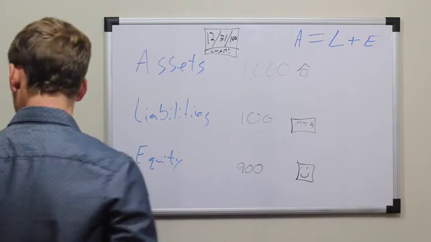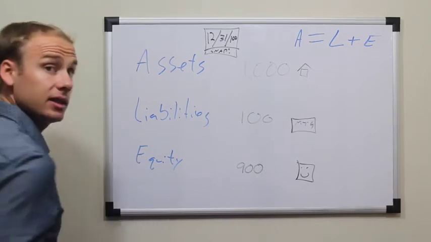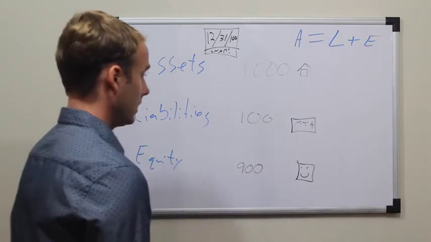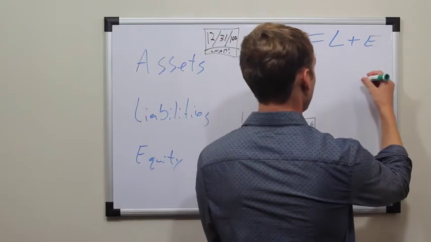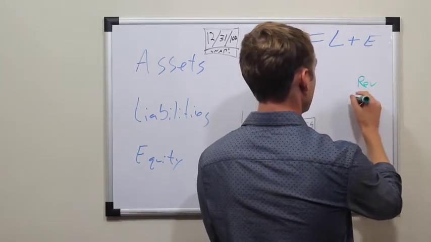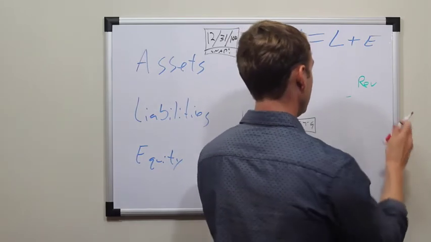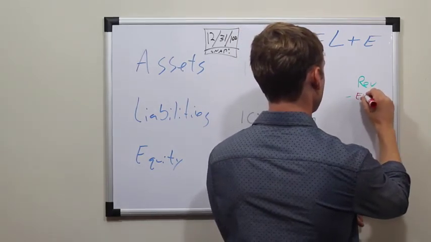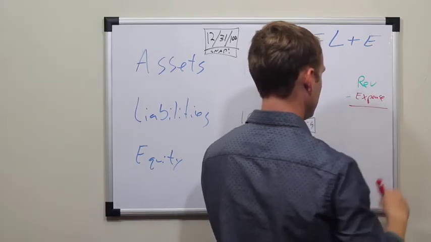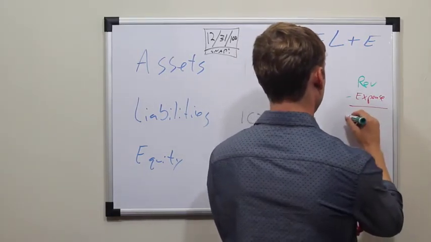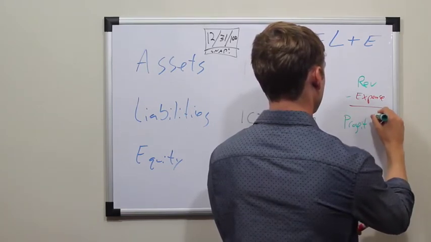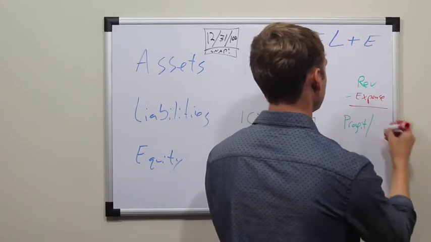But let's also introduce how the income statement or profit and loss can interact. The income statement is going to have revenue minus expense to either equal a profit or a loss.